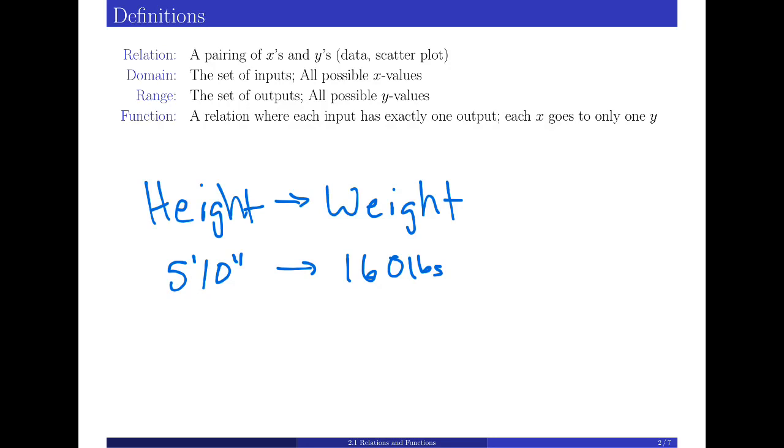It would not be, because you probably would find somebody else who is 5'10", but would have a different weight. Maybe somebody else that's 5'10" weighs 165 pounds. So this is not a function because there's an input that goes to two different outputs. Now it would be a function if each height only paired with a single weight.